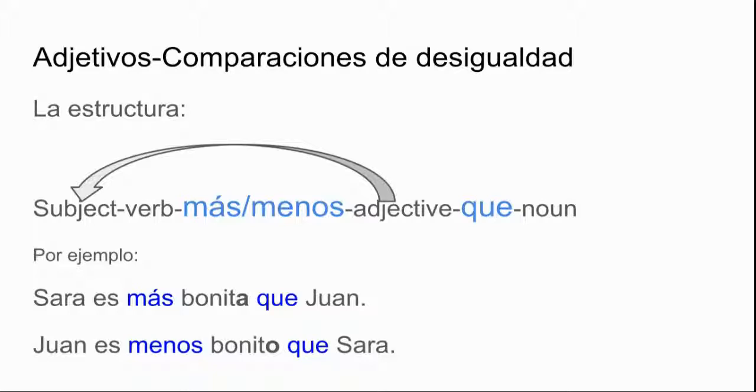Notice bonita agrees with Sara because Sara is the subject. But if we switch it around and we say Juan is less pretty than Sarah, this time Juan es menos bonito que Sara, the bonito is going to change to masculine singular because it's going to agree with Juan. Although these two sentences express the exact same meaning, they express it in different structures.